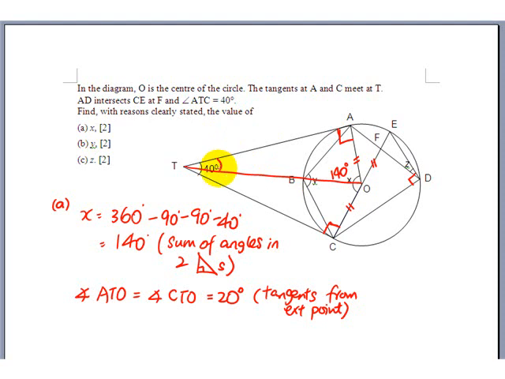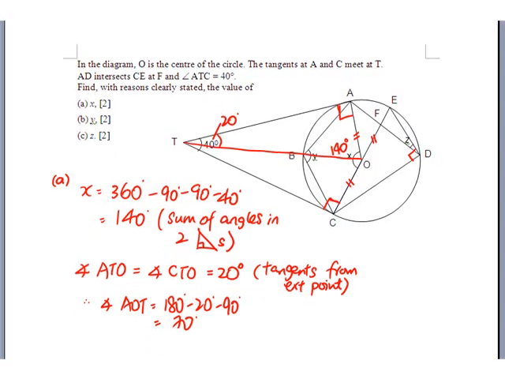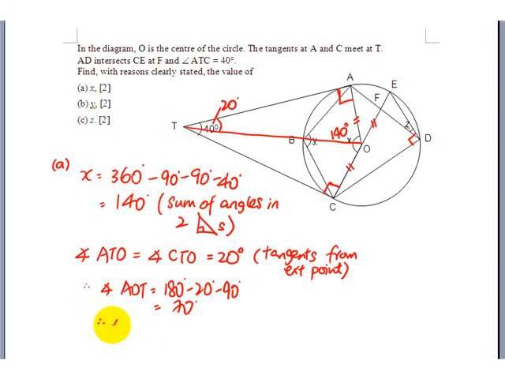So if you know this angle here is 20, you know this is 90, so therefore you can find out angle AOT, which is 180 minus 20 minus 90, that will give us 70, and you can conclude, therefore angle AOC, which is our x, is equals to 70 times 2, which is 140. So this is another way that you can find angle x.